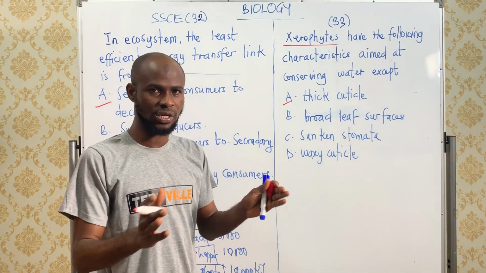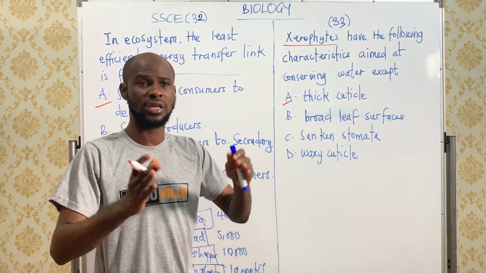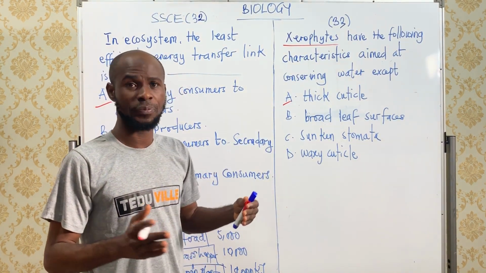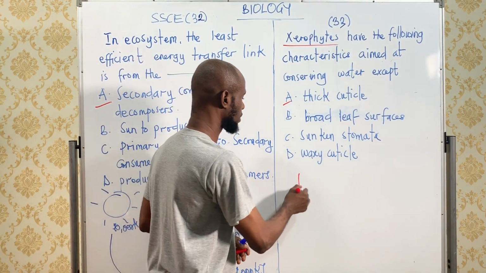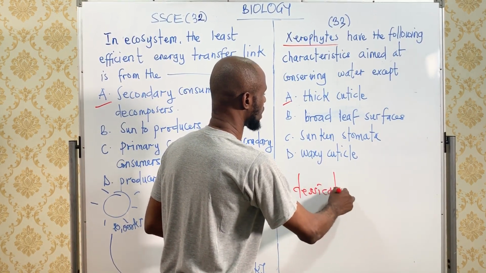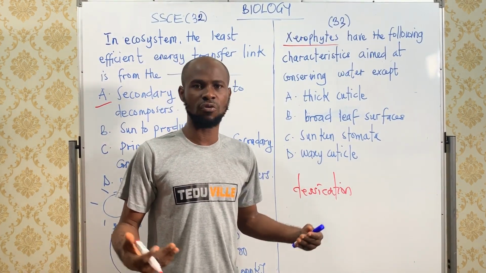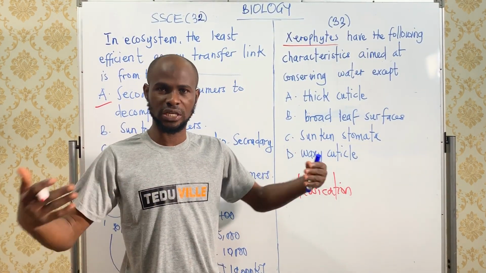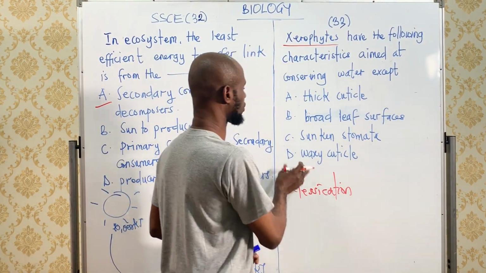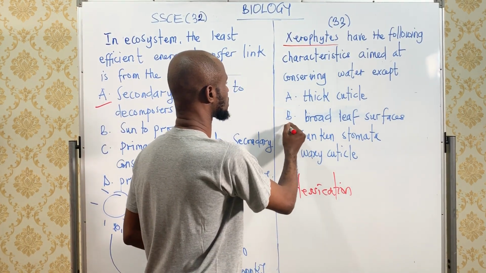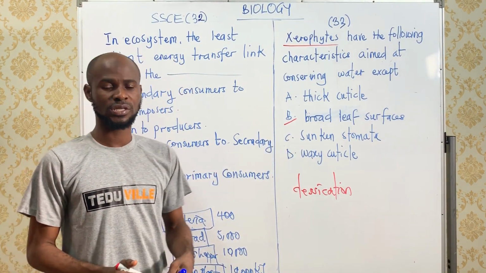The cuticle is the outer structure that protects the epidermis from loss of water through desiccation. Now, broad leaf surfaces. Xerophytes should not have broad leaves, because when they have broad leaves, they can lose water. They can have sunken stomata, and they can also have a waxy cuticle. So the answer here is the broad leaf, and that is why we pick the broad leaf as our answer.